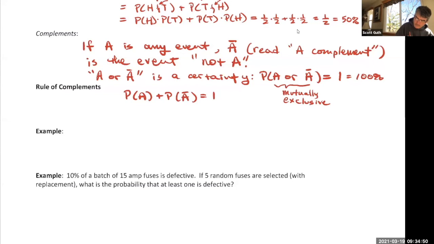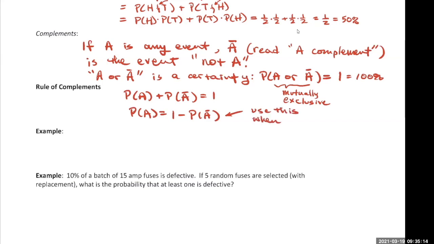So the probability of A plus the probability of A complement is 1. What we really want to do here is say that the probability of A is 1 minus the probability of A complement.